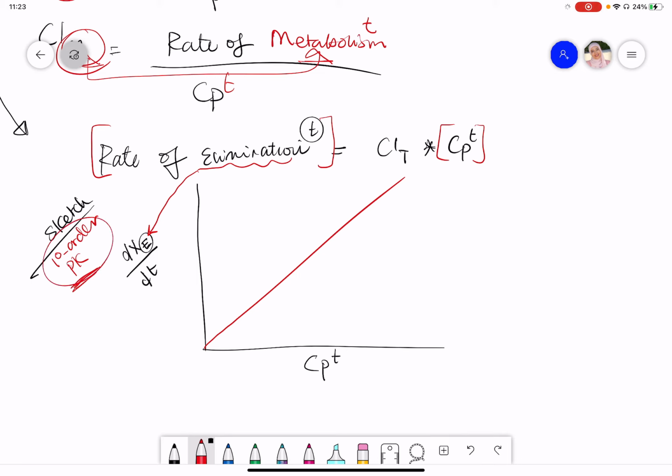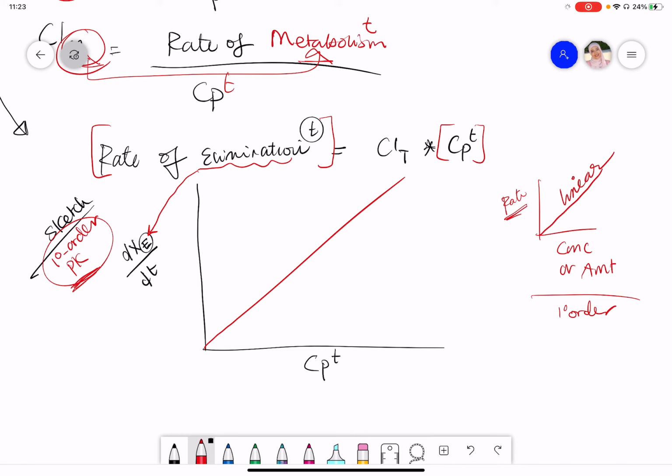If you have first order kinetics, go and review the introduction of the IV bolus or the class on rate orders: if you have rate versus concentration or amount of the drug, we have linear kinetics for first order kinetics. It's the same thing.